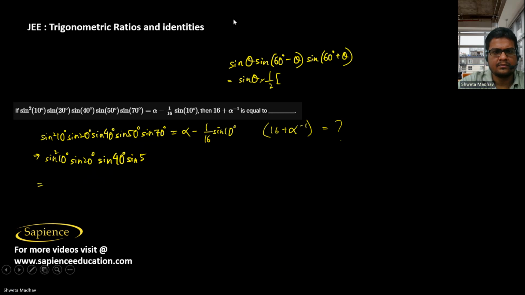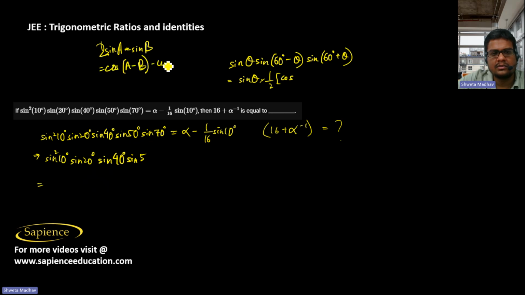So here we can write half of cos, since 2 sine a sine b can be written as cos a minus b minus cos a plus b.